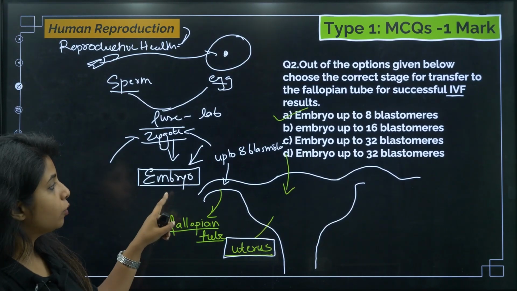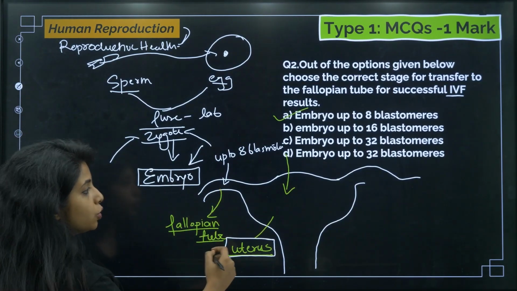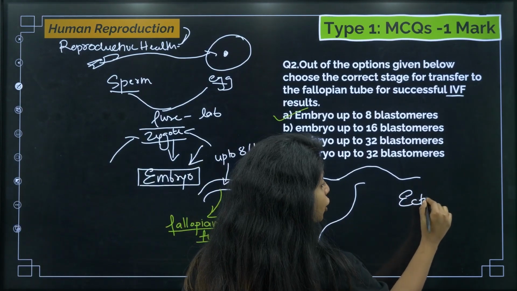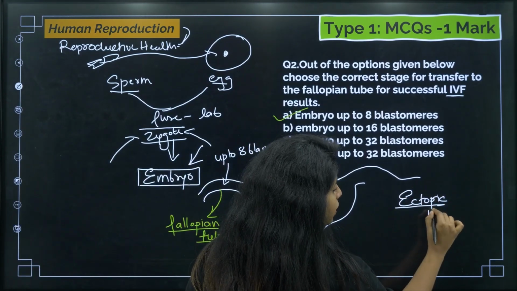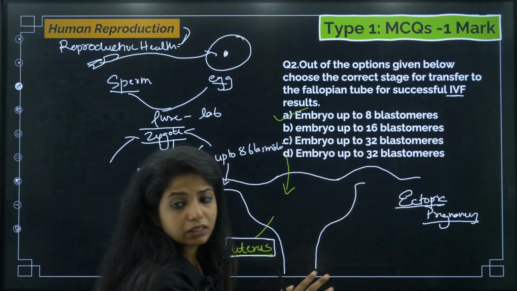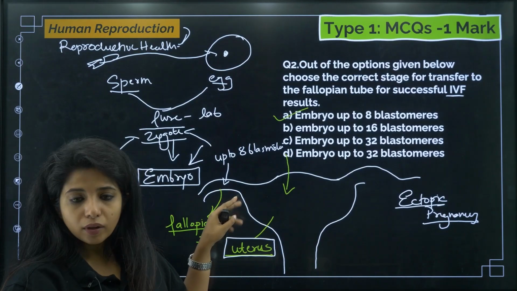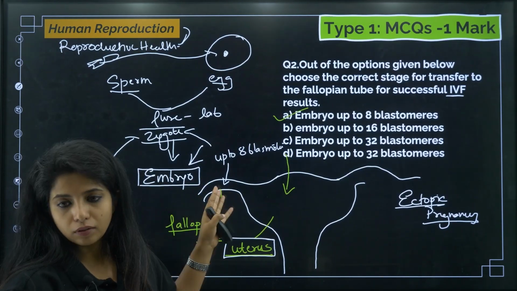Now, if you put a 16-blastomere embryo into this area, you will lead to a condition which is known as ectopic pregnancy. What do you mean by that? Pregnancy at a place other than the uterus. At that point, the mother and the fetus both can die, because it is not the space for the baby to grow.